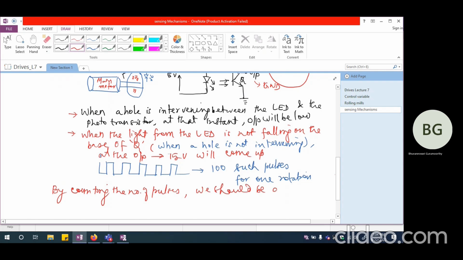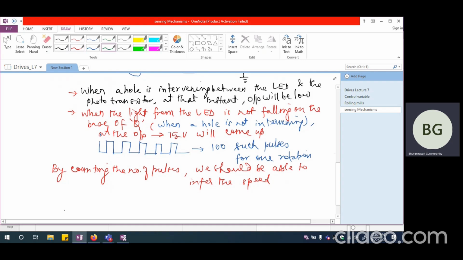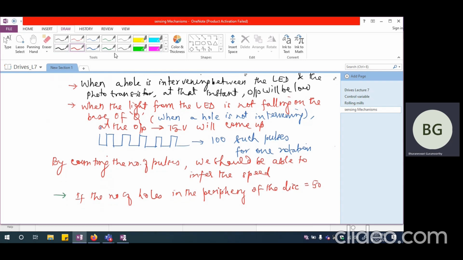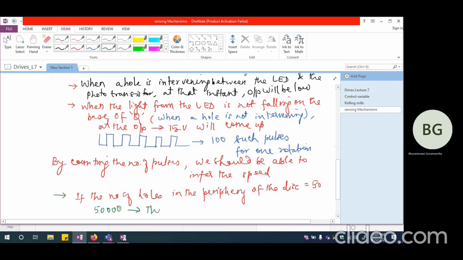Able to infer the speed. So for example, if I say that the total number of holes in the periphery of the disk is equal to 50, and when I count, I get 50,000 as the total number of pulses in 1 minute.